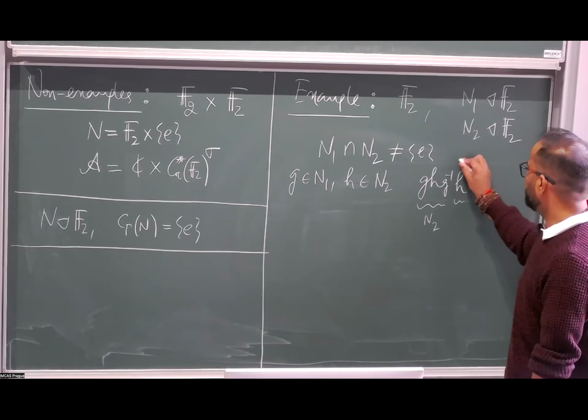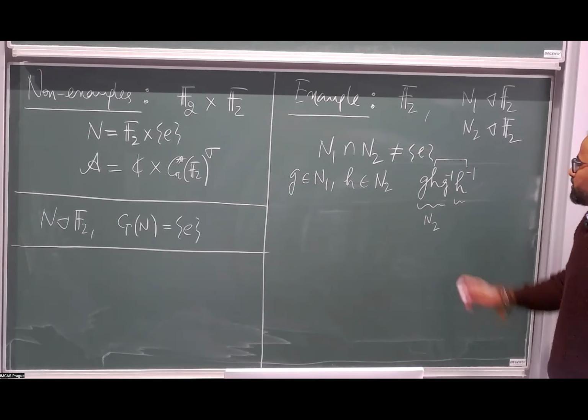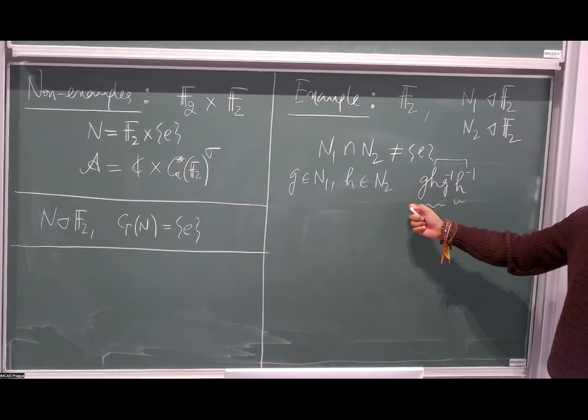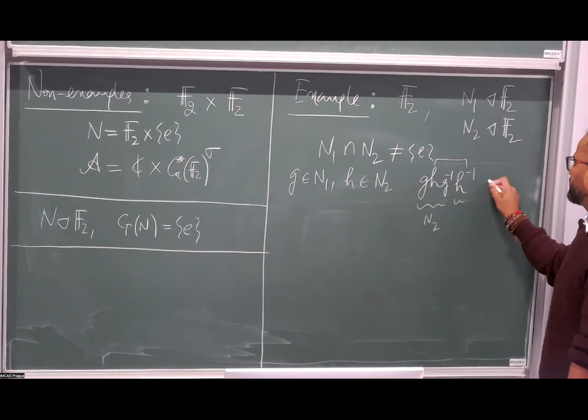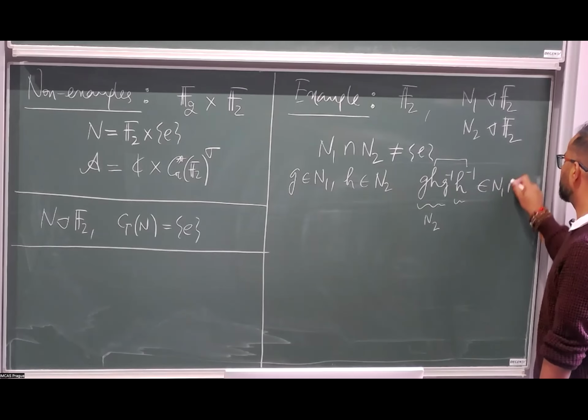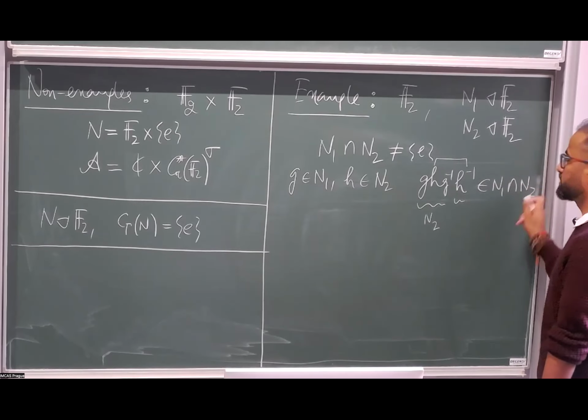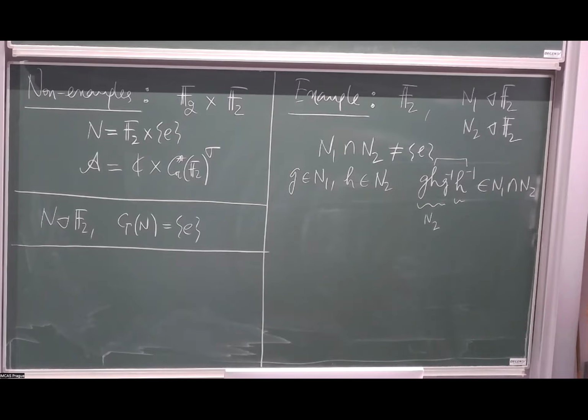Now if you look from here, because N1 is normal, this is in N1. So this product is always going to be inside N1 intersection N2. And this is non-trivial because in a free group you don't have cancellations.